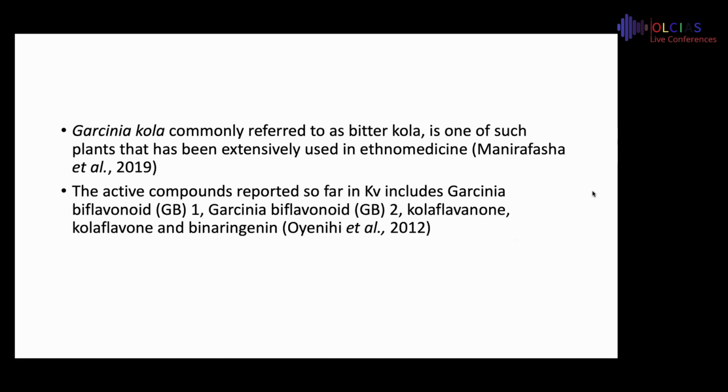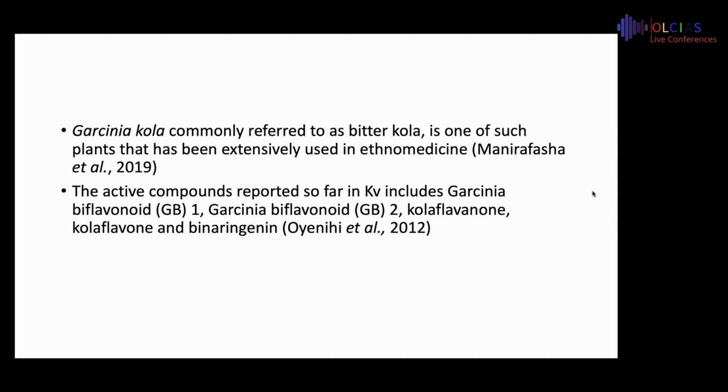Now, here we look at the ameliorative agent that we can use, so as to confirm whether it can lessen the effect of aluminum chloride on the hippocampus. We make use of Garcinia kola.